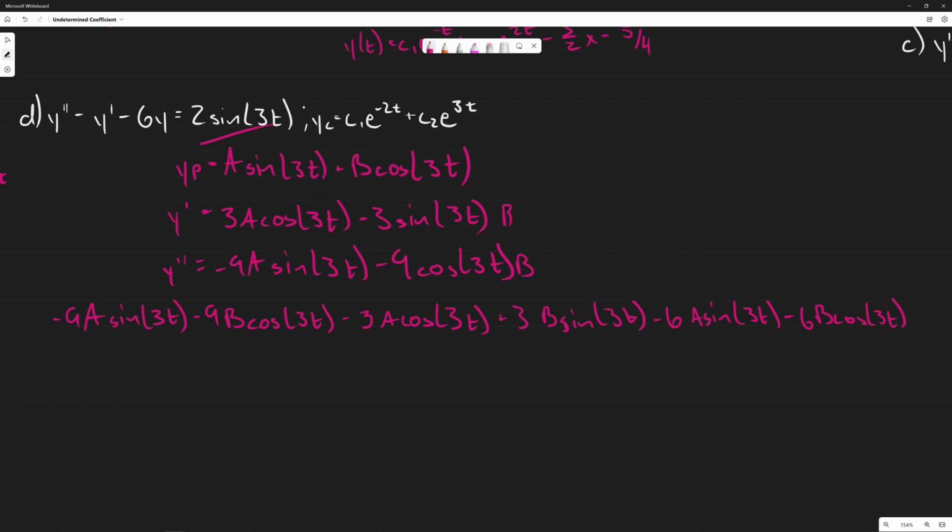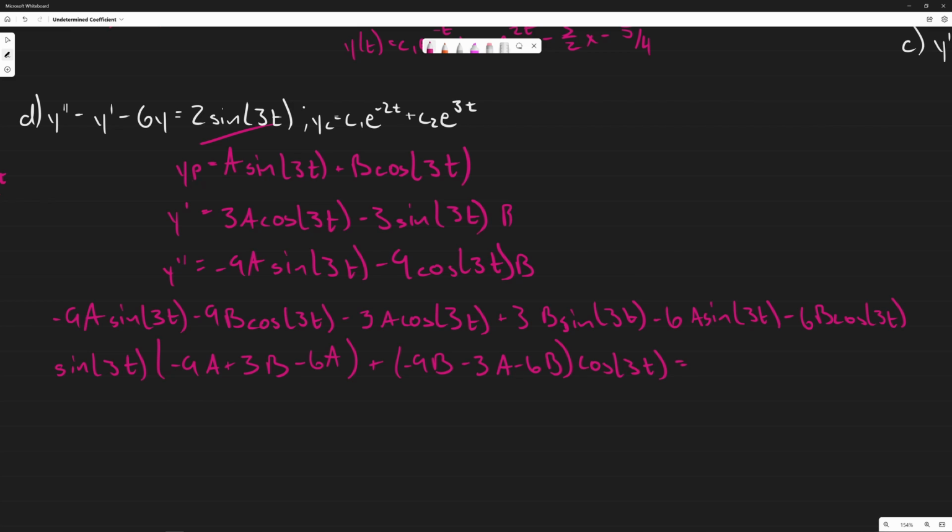So we will have the sines: sine of 3t times negative 9a plus 3b minus 6a, and then plus negative 9b minus 3a minus 6b cosine of 3t.